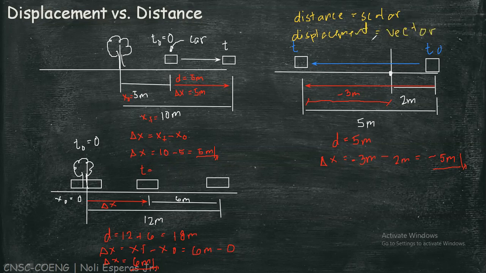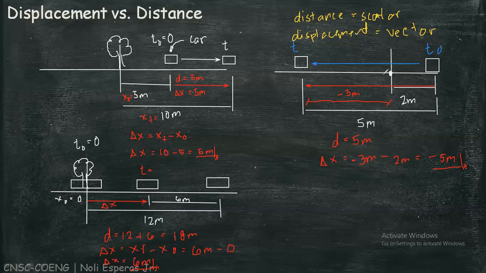So in terms of a scalar quantity, we can add algebraically the magnitude, while in vector we have to add its magnitude vectorially, or we have to consider its direction. So take note that in displacement, direction is very important.